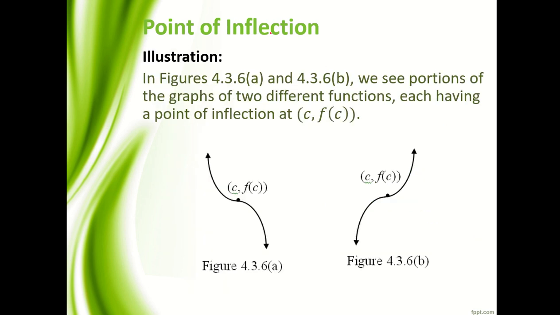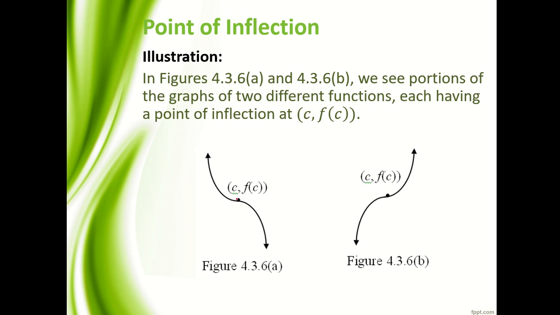Alright, so in figure 4.3.6a, take note, this is the point of inflection, the point where the concavity changes. In this case, this is concave upward, so we have this point, and then it turns to concave downward.